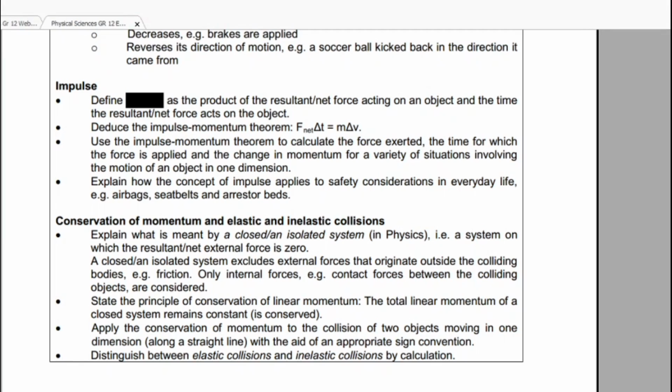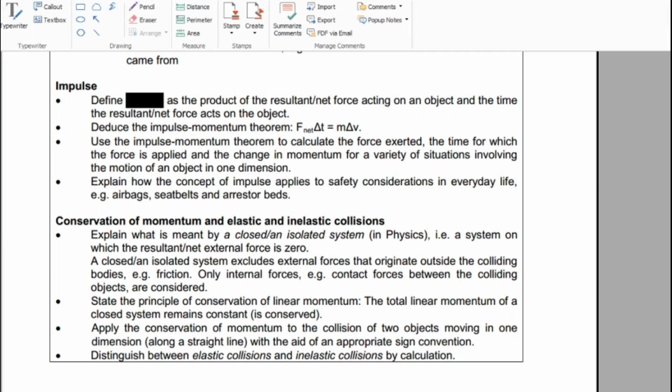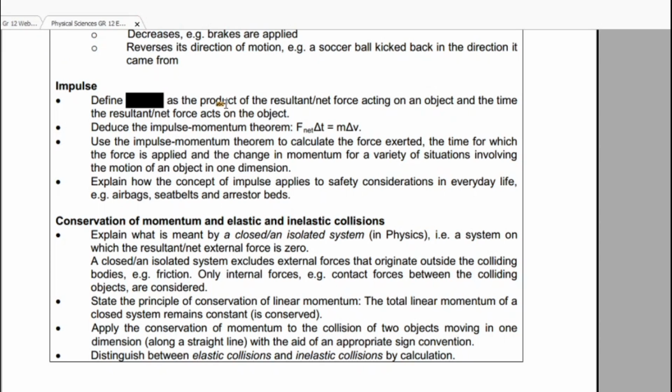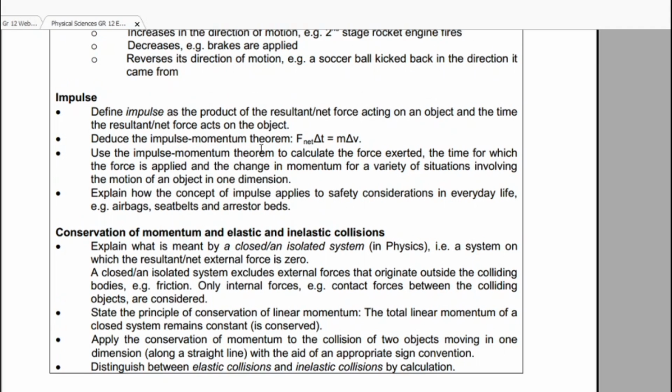Okay, so they define impulse as the product of the net force acting on an object and the time the resultant force acts on an object.